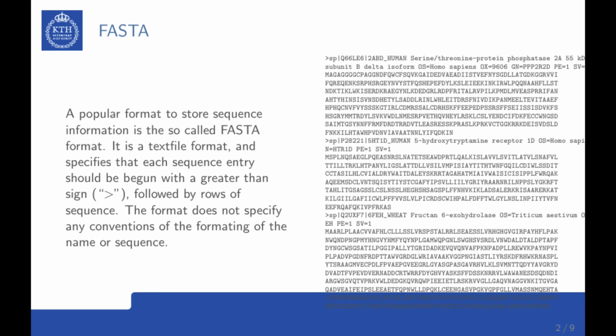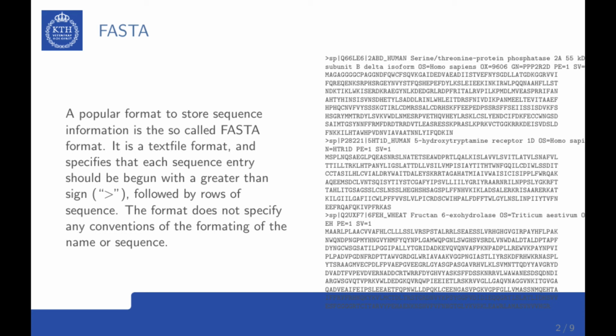These are a couple of entries out of UniProt. It begins firstly with a greater than sign followed by a name. And you will see in this particular case, actually, the name takes up multiple rows, but there's actually no row break in between. It's just wrapped on the screen.